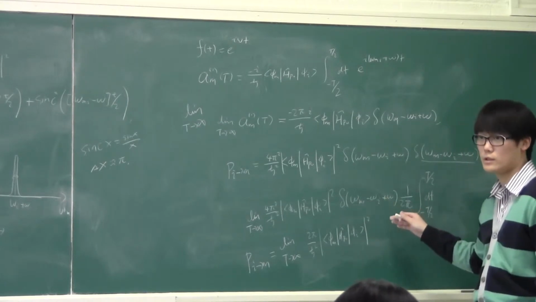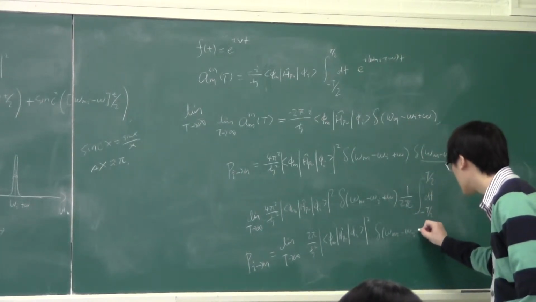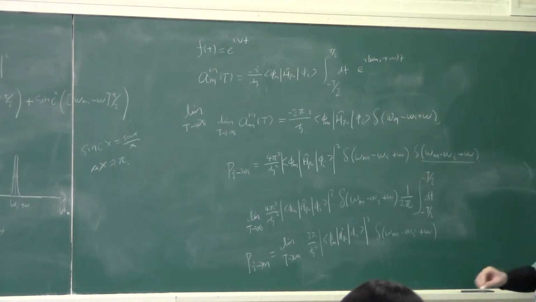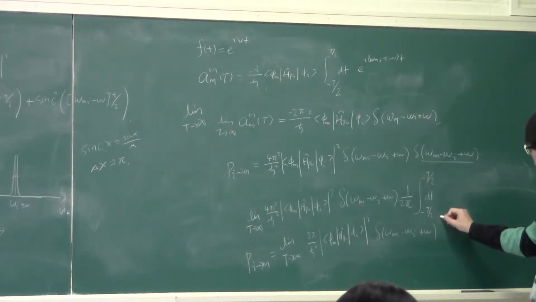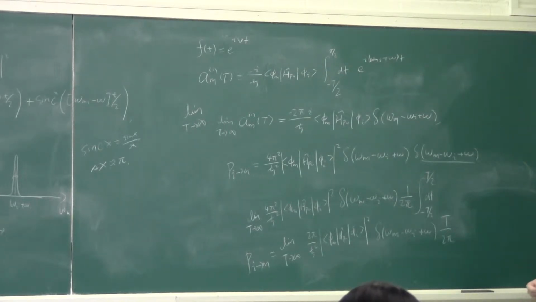And then the delta function doesn't change. And then over here is just t over 2 pi. So it's a linearly growing thing, which is bad.